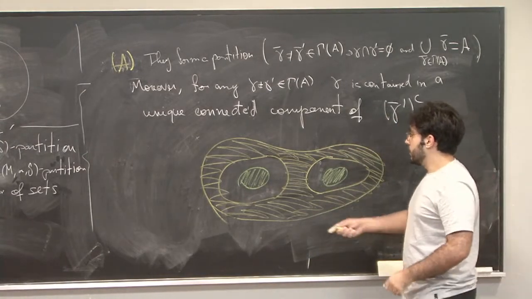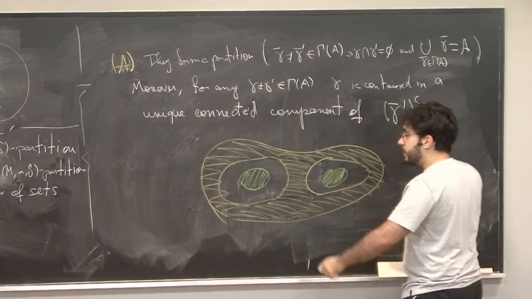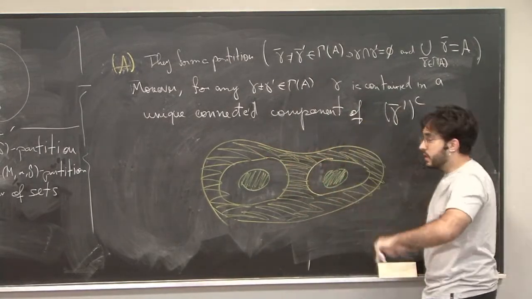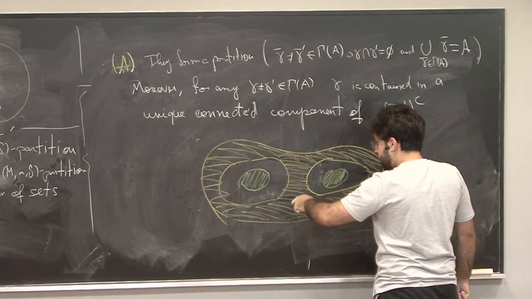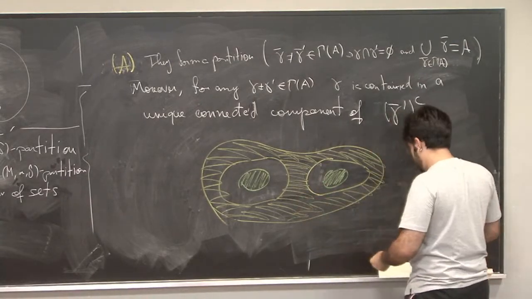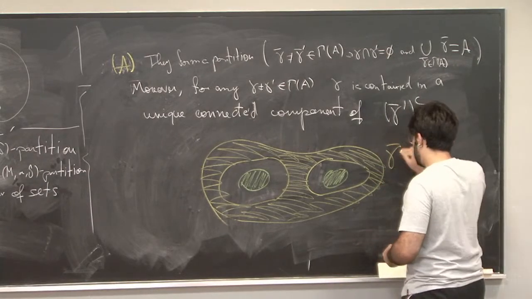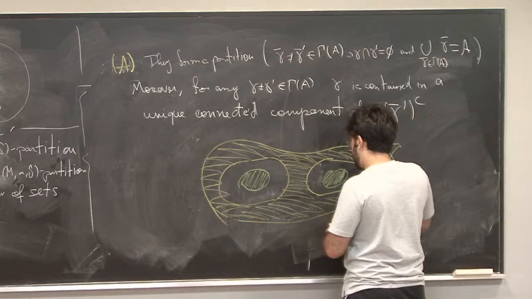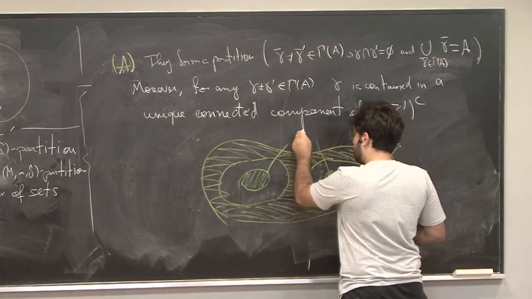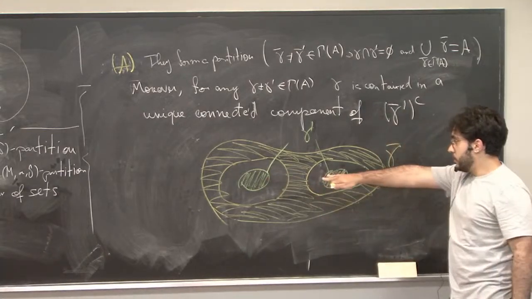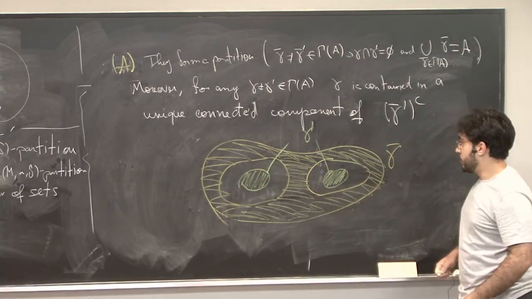You take gamma to be this one, and then you take gamma prime to be these two, the eyes of this drawing right here.